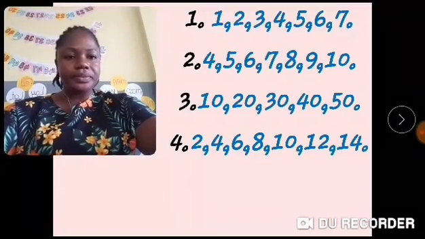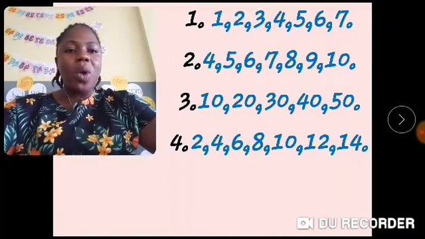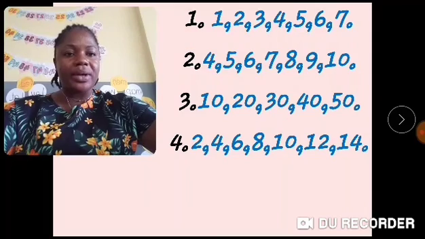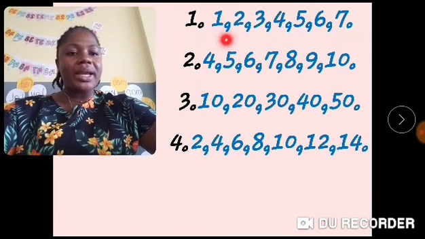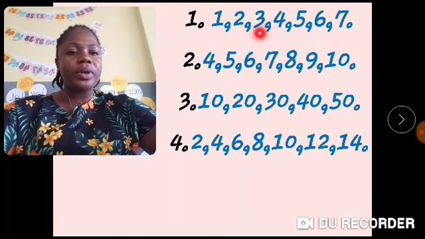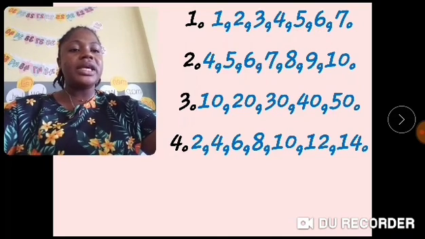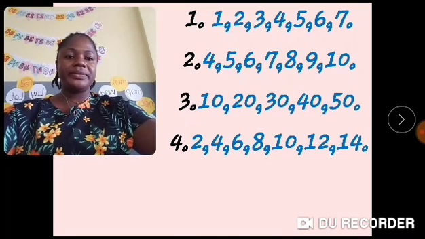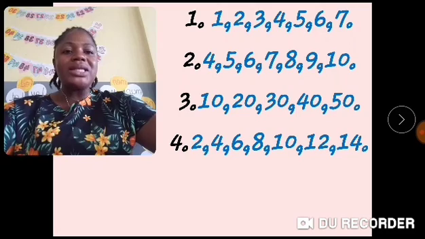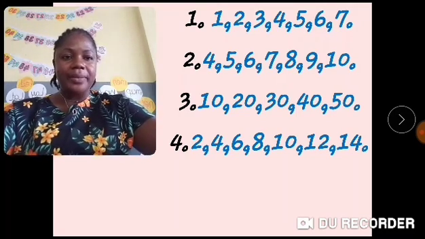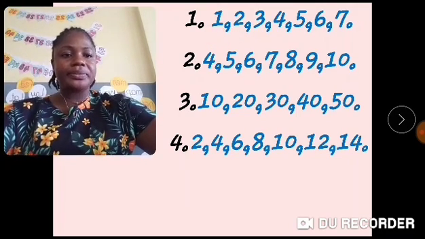Example 1. We have 1, 2, 3, 4, 5, 6, 7. What is the smallest number here? 1.